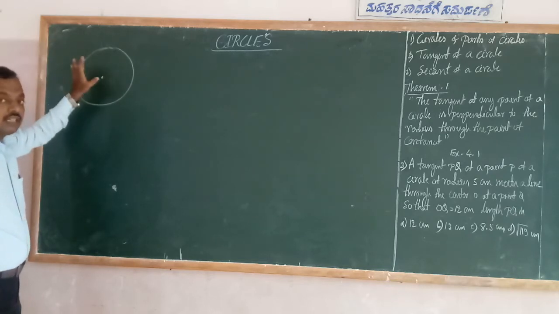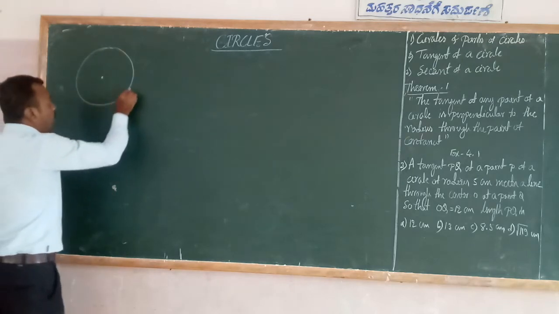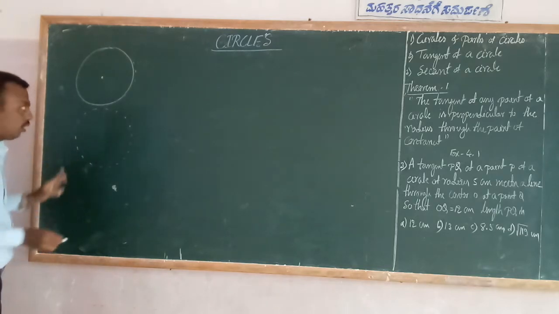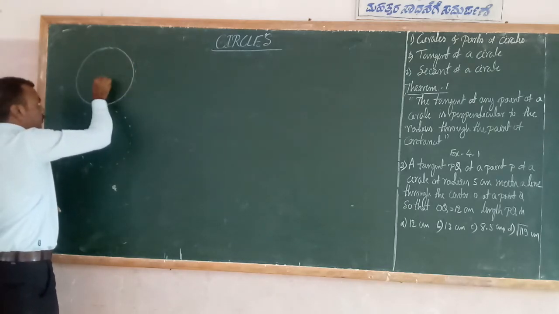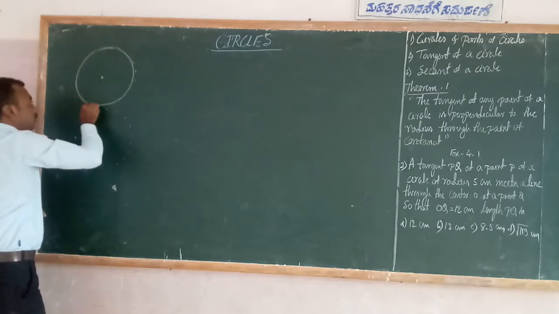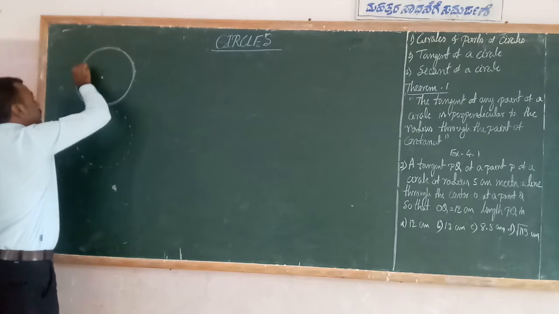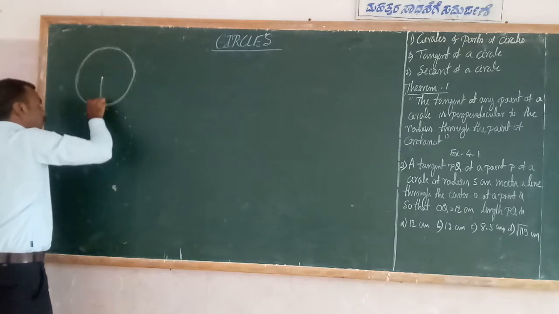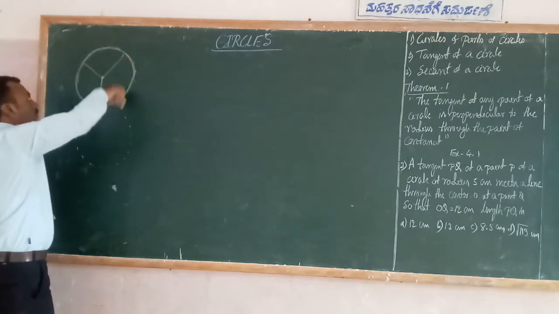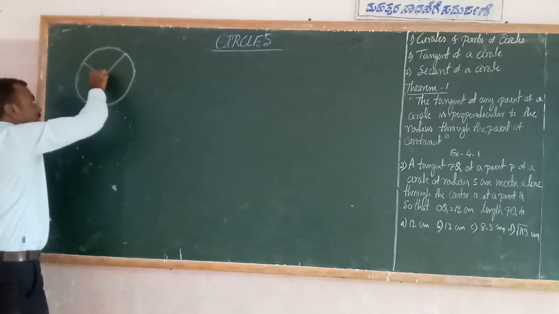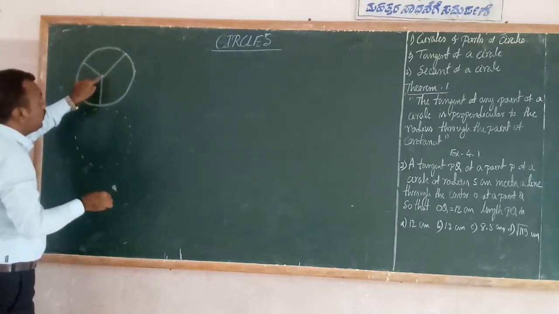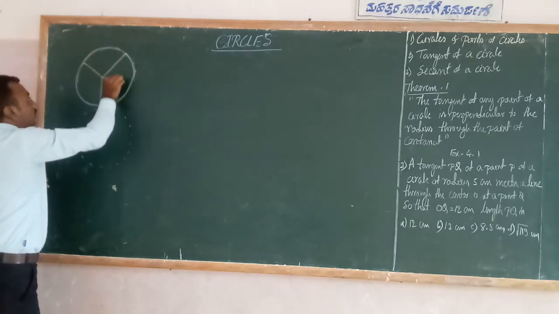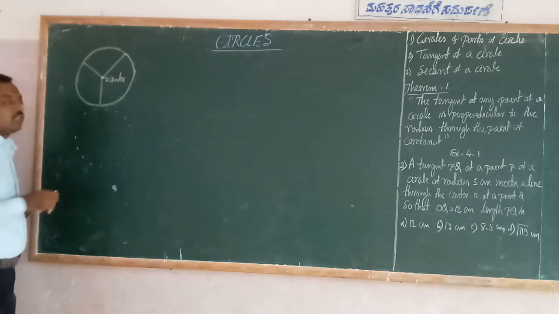Also, it is a collection of all points in a plane that are equidistant from a fixed point. That means from here to here, here to here, here to here, every point on the boundary is equidistant from that fixed point, and that fixed point is called the center.